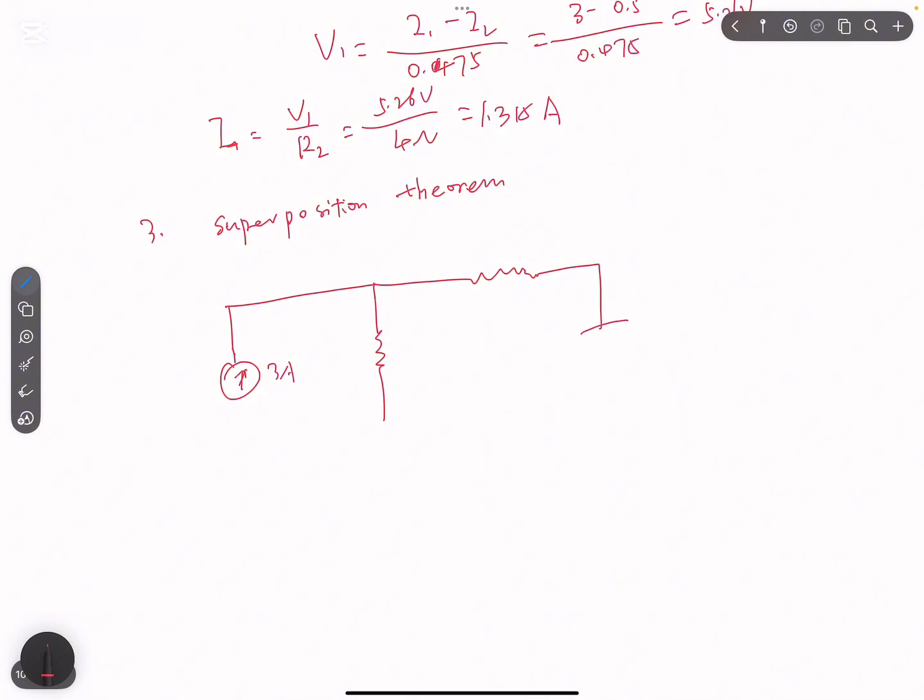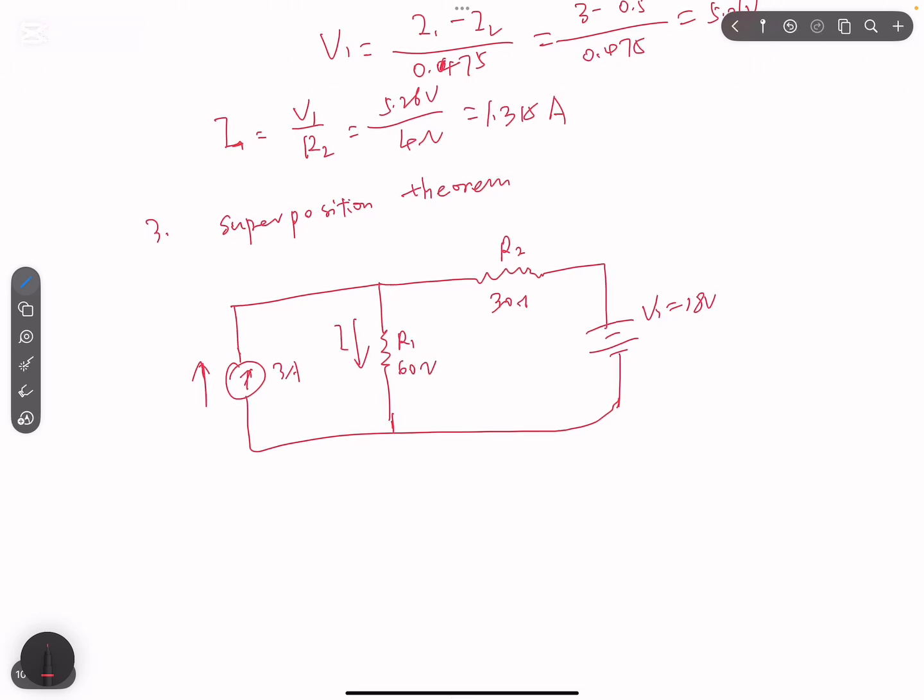We have the voltage source here. So the current goes this direction. V1 is equal to 18 volts, and R2 is 30 ohms. We have R1, 60 ohms. So we need to solve for I.